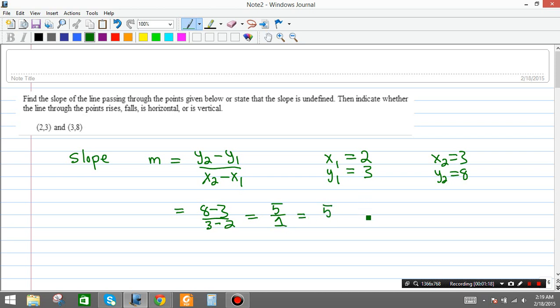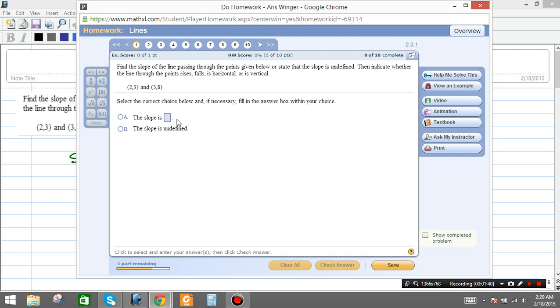And so this means a couple of things. This means that as you move from left to right, this goes up 5 units for every 1 unit. And so the crucial thing is that this slopes up. So it moves up from left to right. Both of those facts will help us in answering this question.